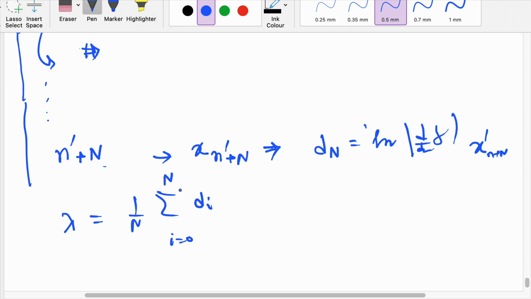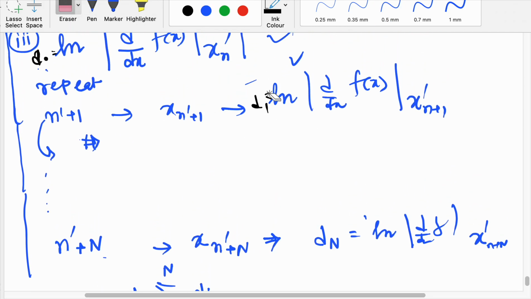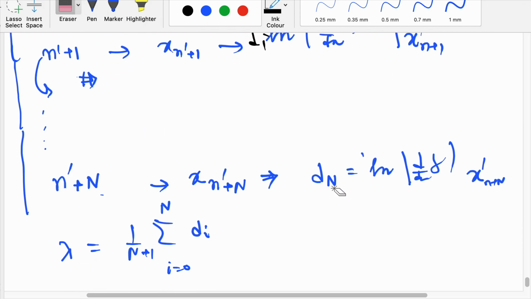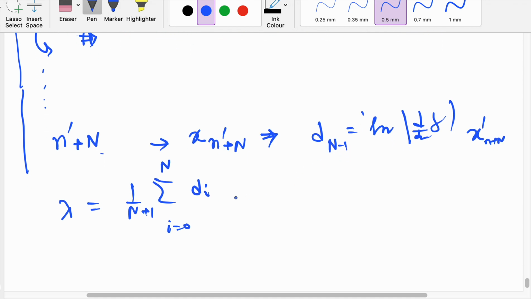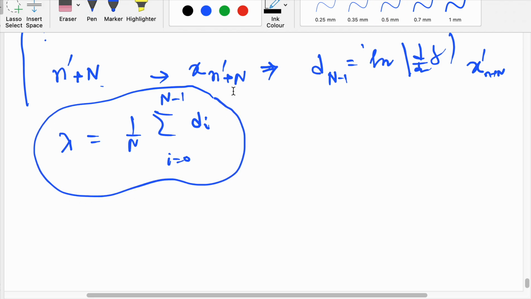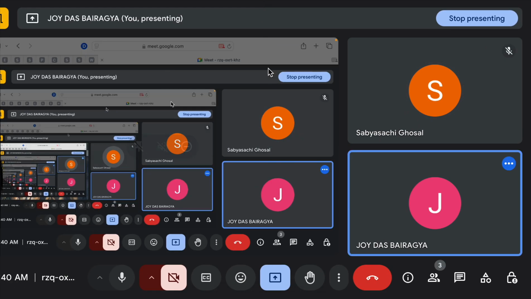If you add those things, it should be n plus 1 terms, so it should not be dn, it will be dn minus 1, something like that. This is dn minus 1, so you will get this lambda. So that's how you will get the Lyapunov exponent. Is it clear? Every step is clear, Subhasaji?